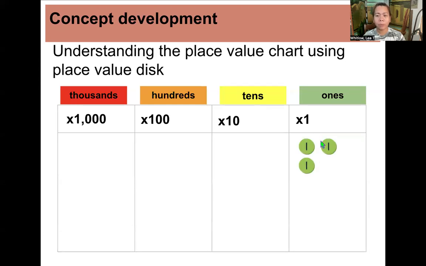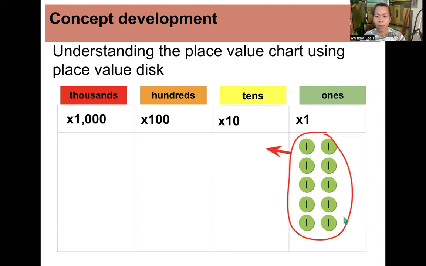1, 2, 3, 4, 5, 6, 7, 8, 9. If you say 9, you are correct. Because if you have 10 ones, you can regroup those 10 ones and move them to the next place value, which is the tens place. Now, let me ask you, what is the highest digit you can put in the tens place? 10, 20, 30, 40, 50, 60, 70, 80, 90.